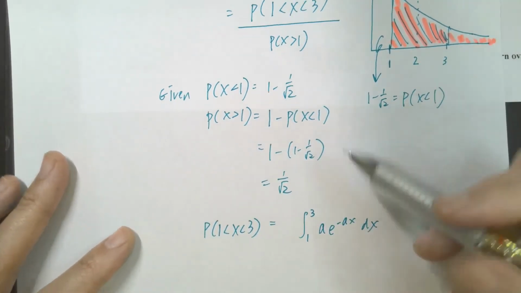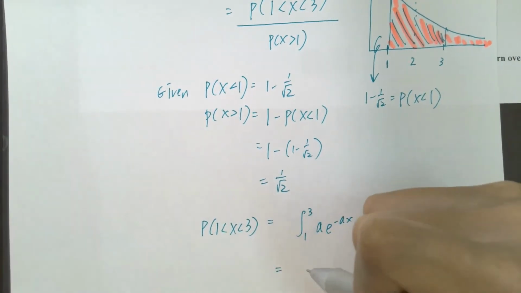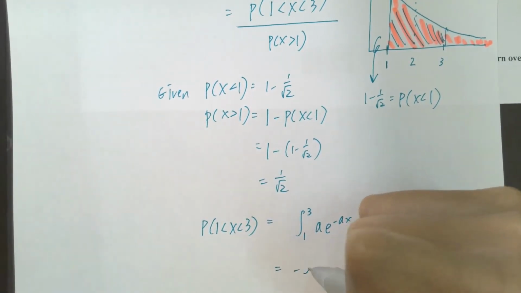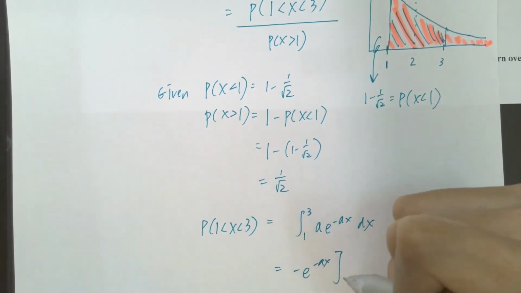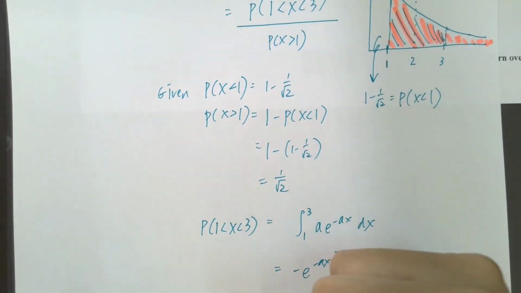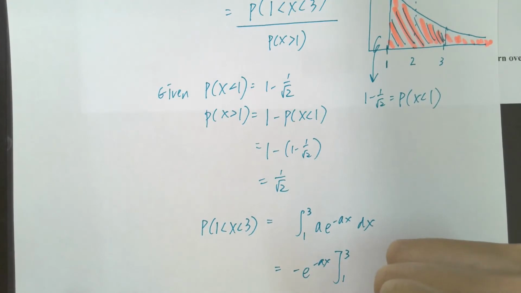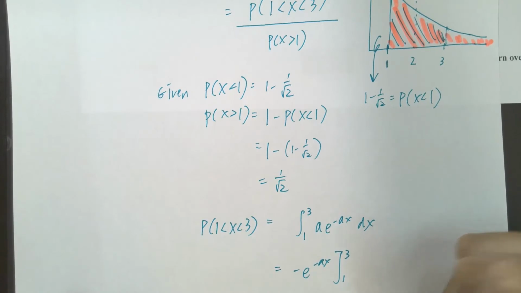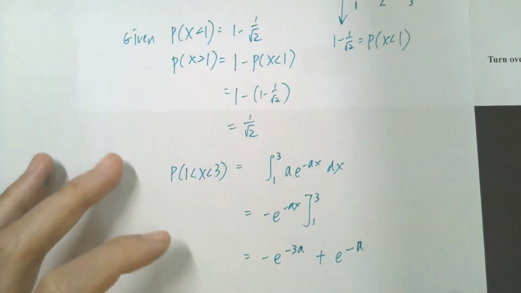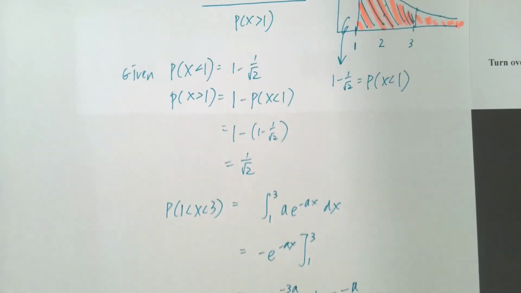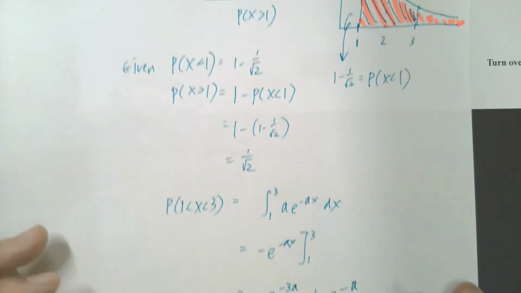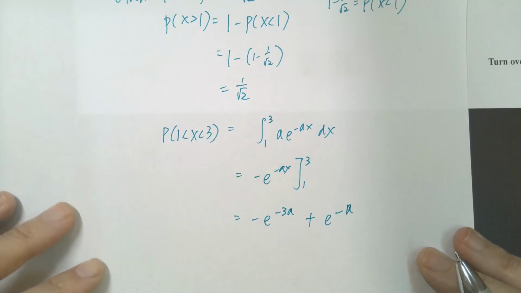I think we did this already, right? So it would come up to be negative e^(-ax) from 1 to 3, right? So it's going to be negative e^(-3a) plus e^(-1a), okay? So if we do the math, it should be something like this.